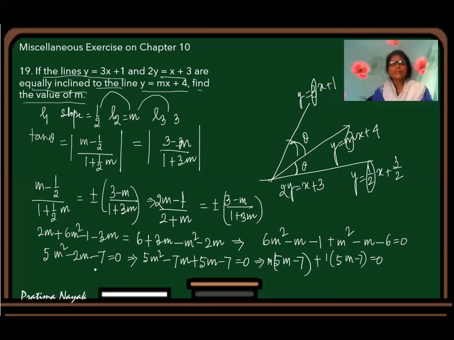So this gives you m is equal to minus 1 or m is equal to 7 by 5. So this will be the answer. If we take the negative one, also you will get the answer. But no need of negative, with the positive only you can get a value, because the question is to find the value of m, not values.